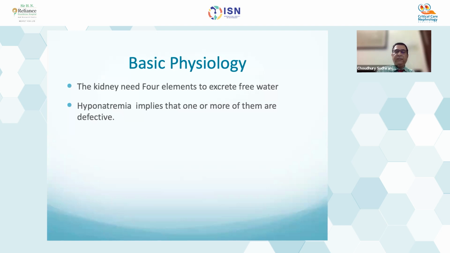So what is the basic physiology for this phenomenon of water handling by our kidney? There are 4 elements which will be required for excretion of free water. And as I said earlier in the causes, it is the balance of water metabolism which is in trouble rather than the salt itself.